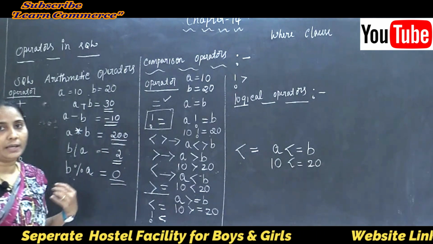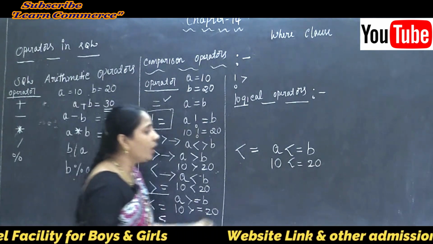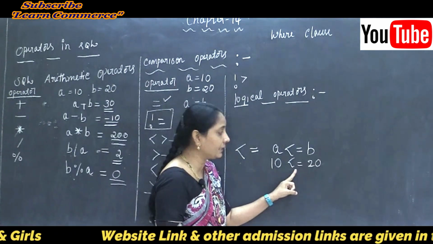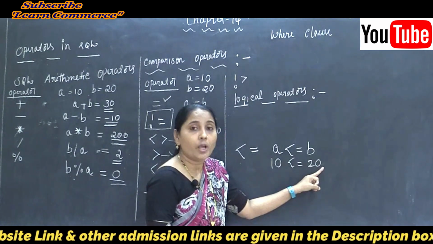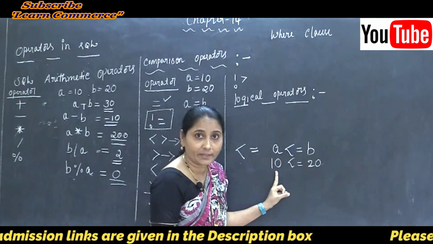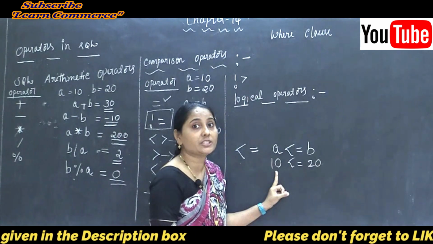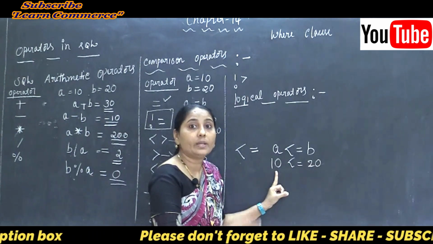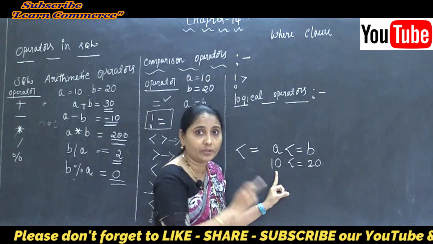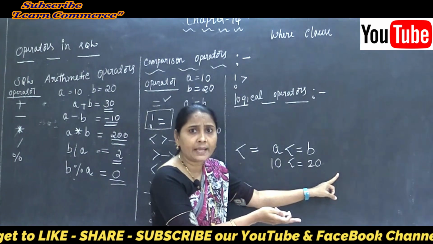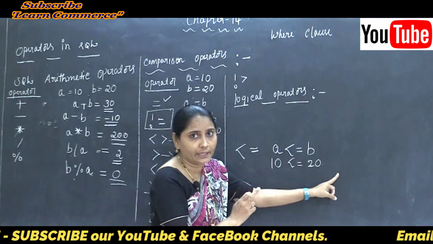So is the condition true? Is 10 less than 20 here? Yes, the condition is true. Why? Because the 10 value is less when compared with the right hand value, that is 20. Clear this point here.